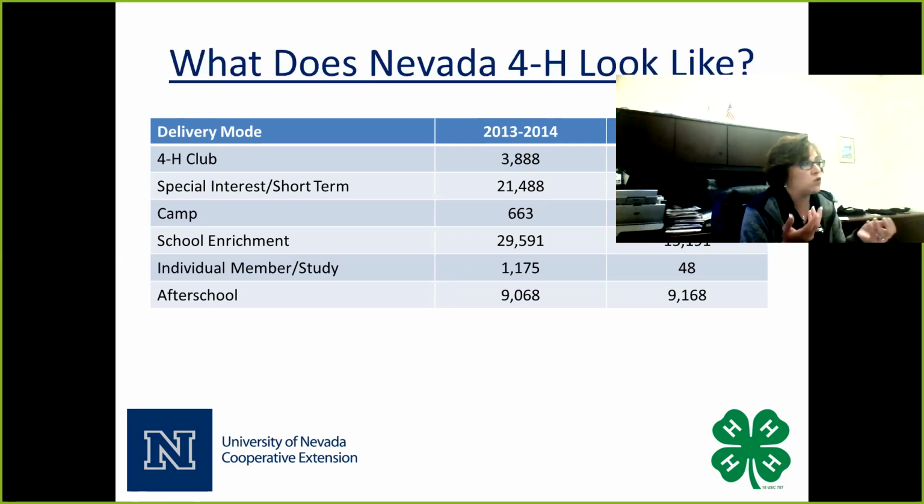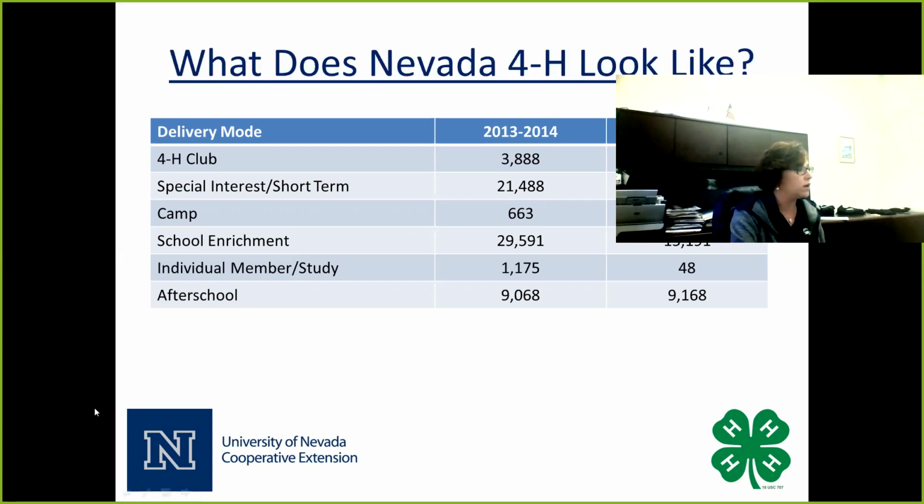We also have individual member and study, and after school programs. So you can see the breakdown. Our camp numbers are not correct because we had a lot of campers reported under club enrollments and not camp, and trying to break that out is pretty tough. School enrichment, you can see the difference, and I know why there's a difference.